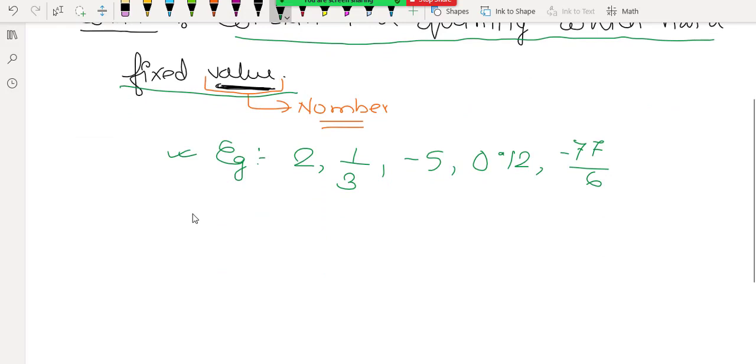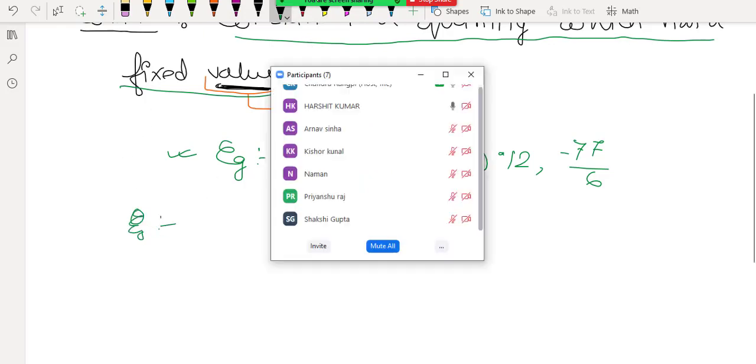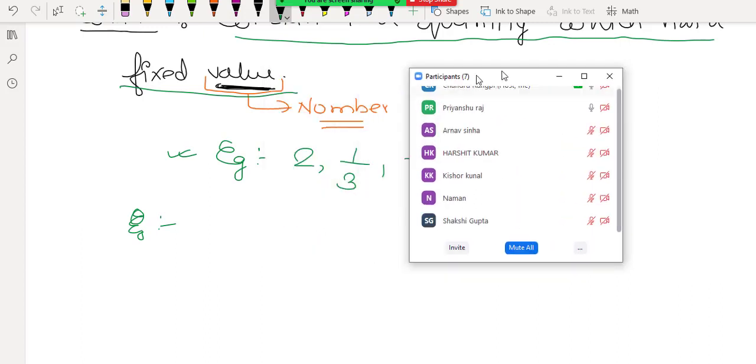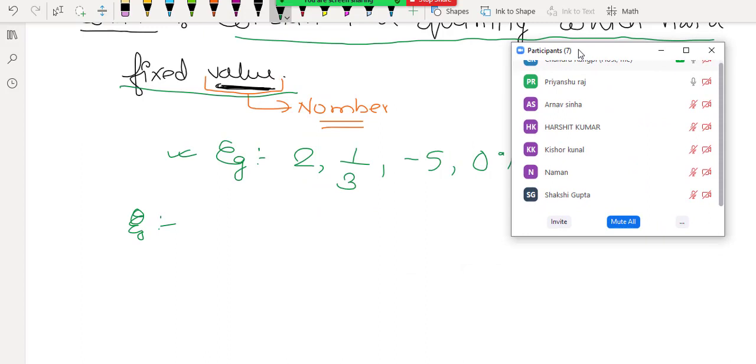Can anyone tell me an example of a constant? One by one, I will ask everyone. First of all, Sakshi, can you tell me an example of a constant? Constant means a number. Can you tell me one number?